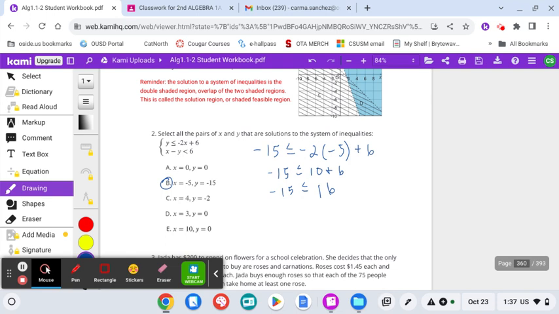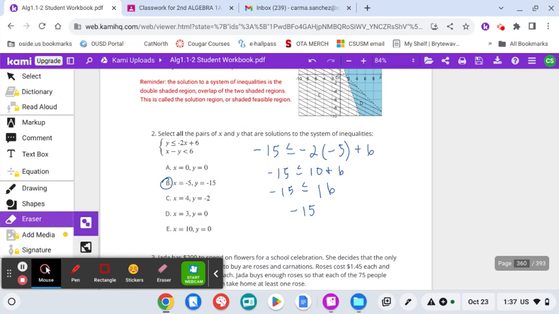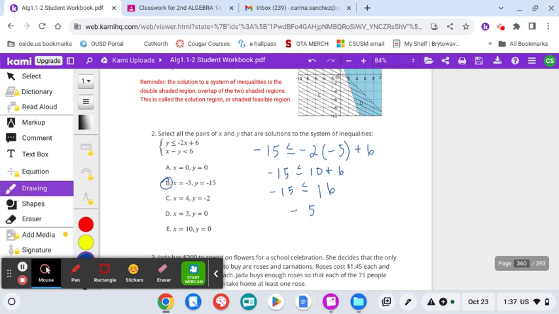Let's test the second one. It's x minus y. So negative 5 minus negative 15, is this less than 6? Well, that's going to turn into negative 5 plus 15, which is going to be 10.